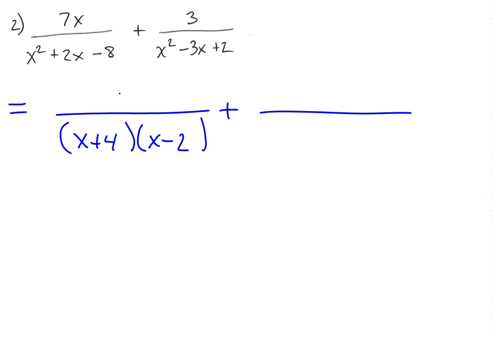And then we're going to keep the numerator as is for now, just 7x, and move on to the second fraction. Again, we'll factor that denominator, which originally was x squared minus 3x plus 2. If we factor that using maybe a product sum method, we'd have an x minus 2 and an x minus 1. And of course, we'll keep that numerator the same as well, just 3.